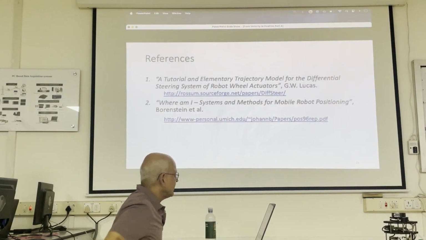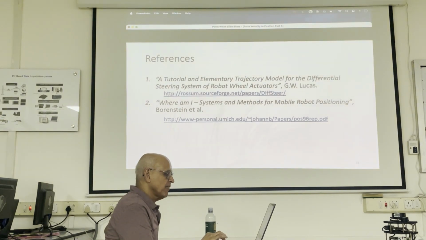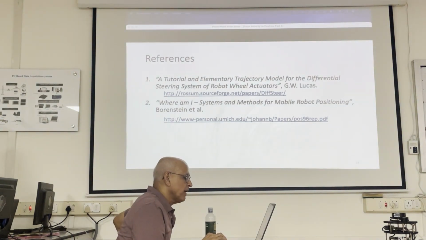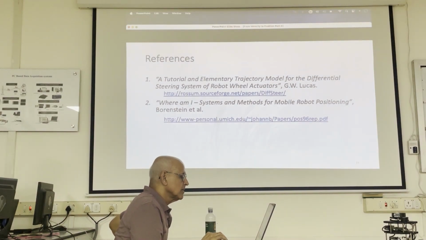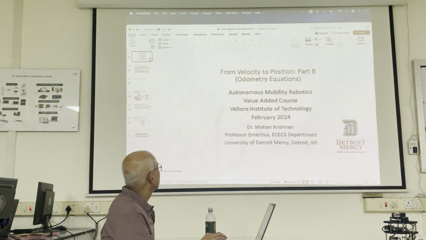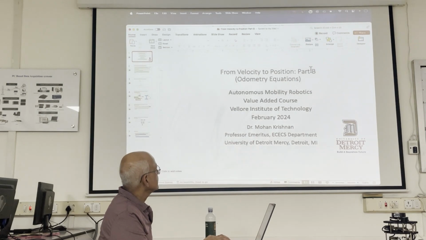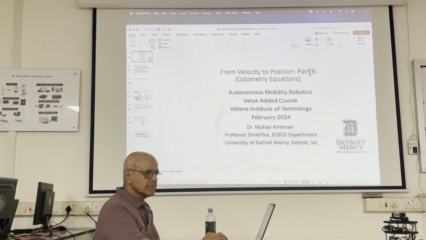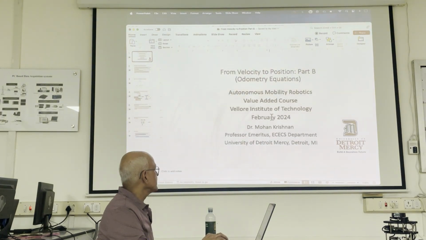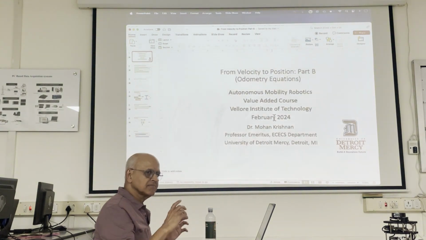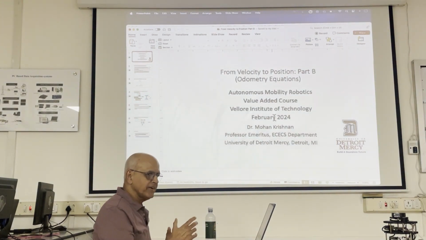Okay, so let's get to the next PowerPoint, which is part B. This one, part B. So we have derived the equations for the circle, but we haven't yet forced them into odometry equations, right?